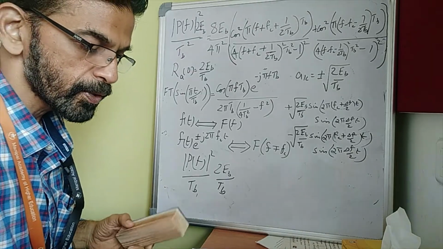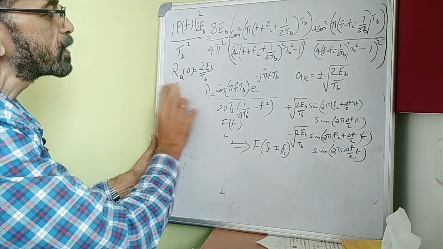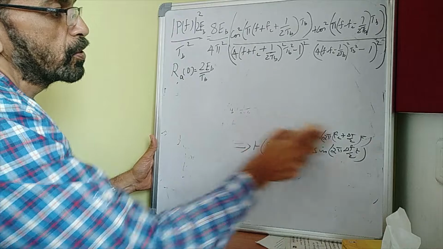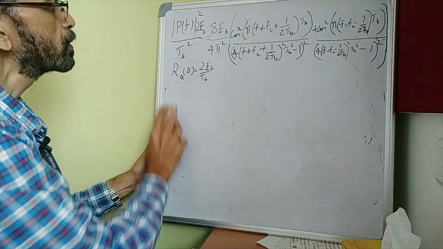So the final power spectrum of binary FSK will be the sum of this and the 4 impulses that we had earlier.